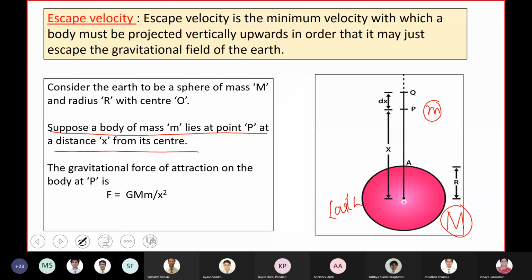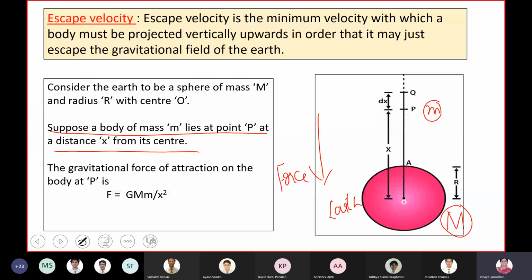Okay. Next step, what we need to do is that let us find what is the work you have to do in moving the body from point P to point Q. Look at the force of attraction. This force is going to act towards the earth, right?